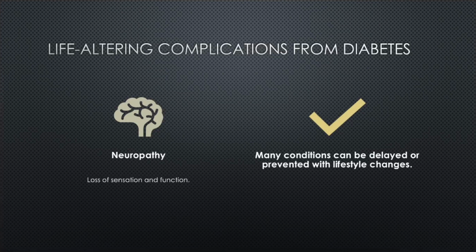Many conditions associated with diabetes can be delayed or prevented with lifestyle changes and continued management. It's important. Blood glucose levels are more difficult to control during stress and physical activity. Chronic and acute complications are associated with diabetes mellitus, more severe in people who require insulin.